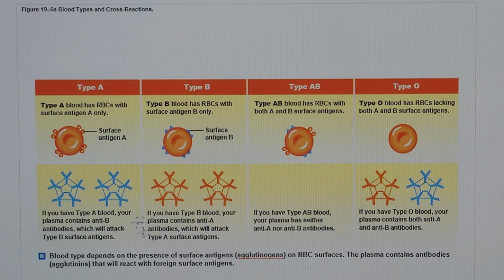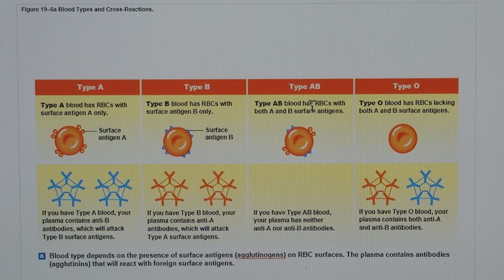If you have type A blood, your plasma contains anti-B antibodies, which will attack type B surface antigens. If you have type B blood, your red blood cells have the B antigen, and your plasma contains anti-A antibodies, which will attack type A surface antigens.